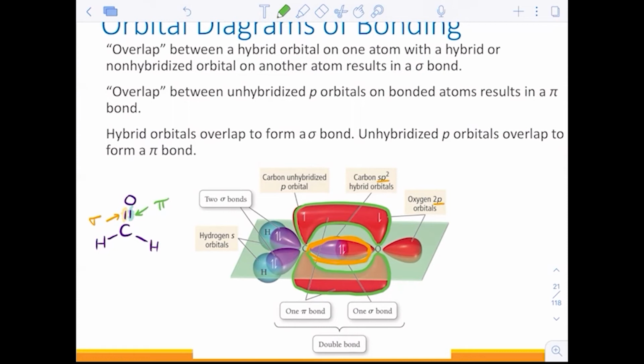So we'll always see the sigma bond directly in the center of the 2 nuclei. And the pi bond, I want us to imagine, is around on the top and the bottom. It's this around feature that makes the pi bond itself. Together, a sigma and a pi make what we call a double bond.